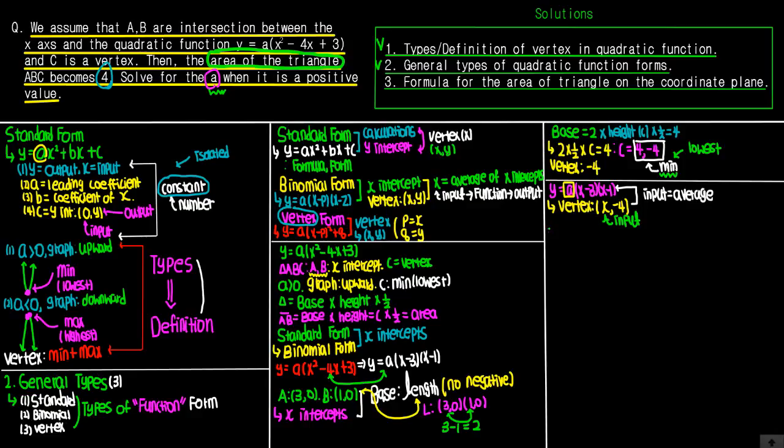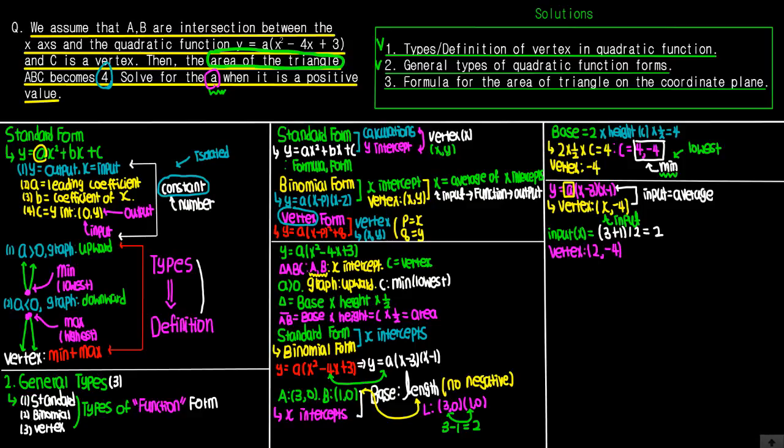So our input x is the average of the two x-intercepts, which is 3 plus 1, divided by 2, which gives us positive 2. So our total vertex is going to be x value 2 and y value negative 4.